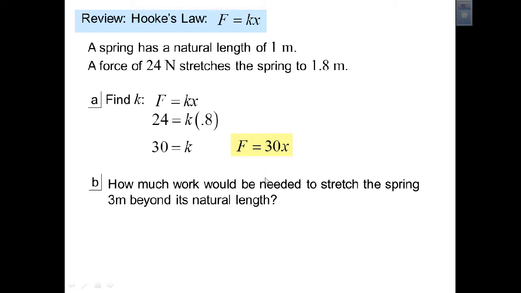So how much work would be needed to stretch the spring 3 meters beyond its natural length? We would have to integrate. Remember, work is force times distance if we have a constant force, but since we do not have a constant force, 30x here, we're going to have to integrate to add up all those little bitty pieces of work.